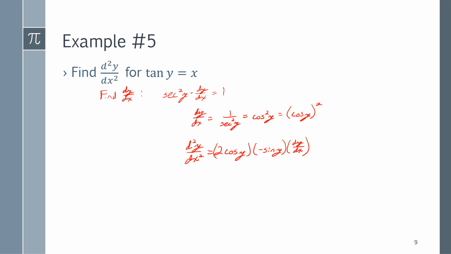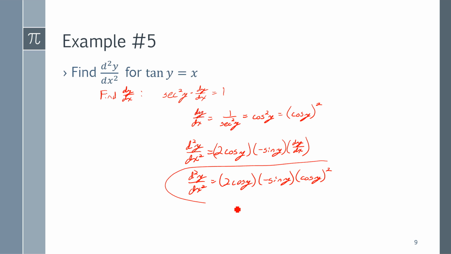But I know what dy dx is already equal to, so d squared y dx squared is equal to 2 cosine of y times negative sine of y times cosine of y squared. And there is my second derivative.